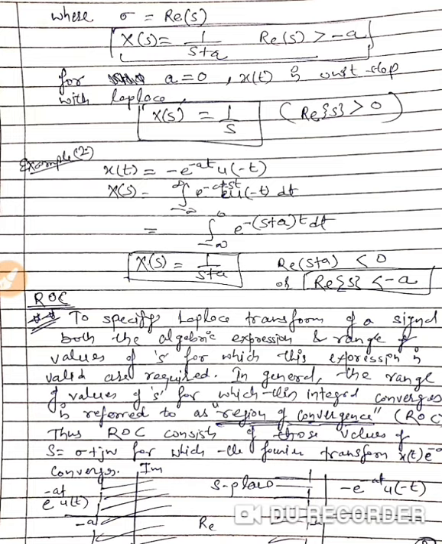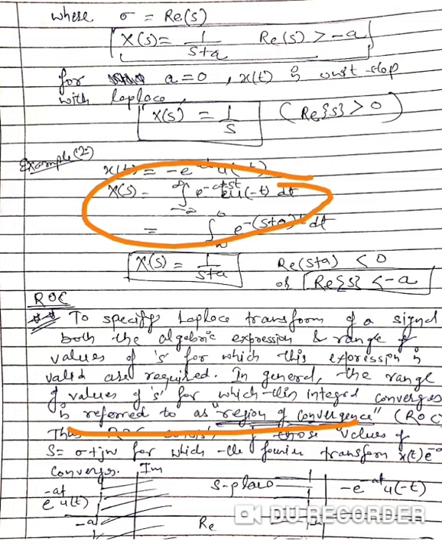The range of values of s for which this integral converges is referred to as the region of convergence. That is, the values of the real part of the complex variable s for which this integral converges, meaning it comes out to be a bounded value.